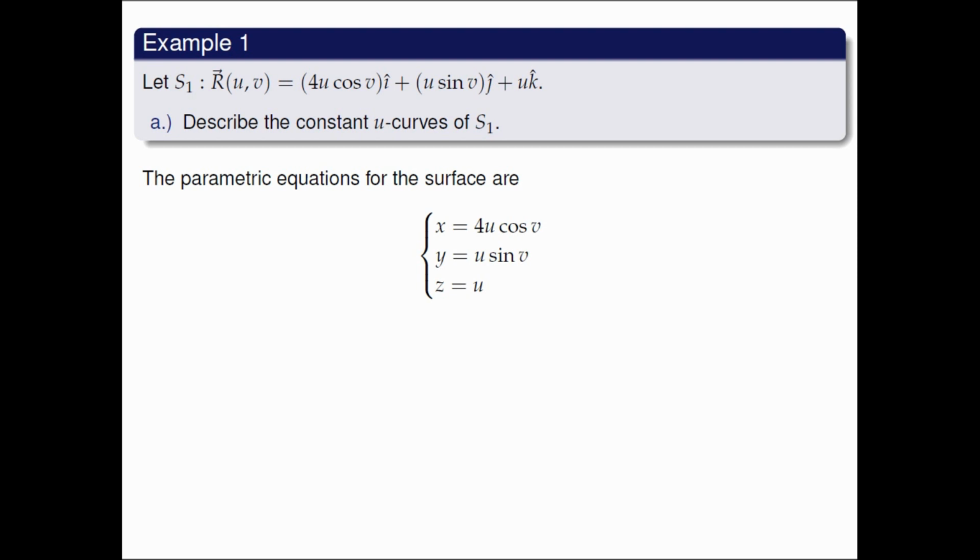Unahin natin yung sa u equals 0. If u equals 0, then from the parametric equations, we get x, y, and z to be all equal to 0. So the constant u curve when u equals 0 is a point whose coordinates are 0, 0, 0.